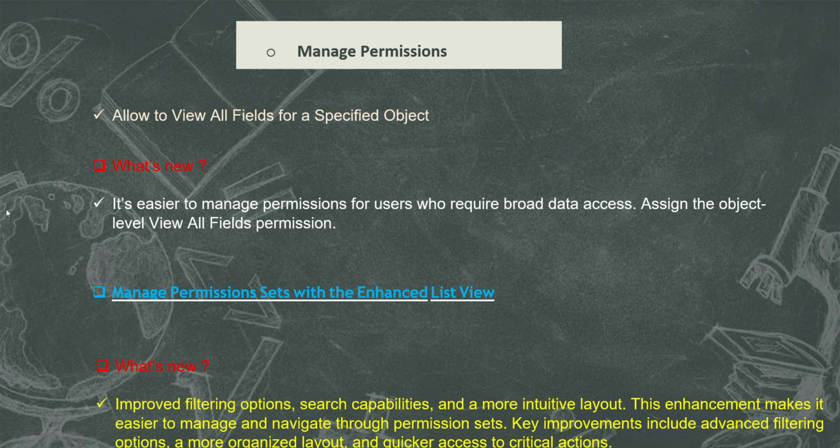So this is what I'm trying to say about manage permissions, allowing view of all fields for a specific object. What's new? Improved filtering options, search capabilities, and a more intuitive layout. This enhancement makes it easier to manage and navigate permission sets. Key improvements include advanced filtering options, a more organized layout, and quicker access to critical actions.